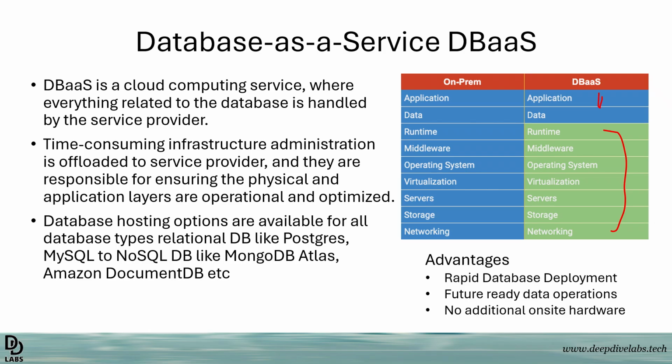Some of the advantages of database as a service are rapid database deployment, future-ready data operations, and no additional on-site hardware. So with on-prem, there is no need for a database admin to take care of the on-premise database, and there is no requirement for on-site hardware at all.